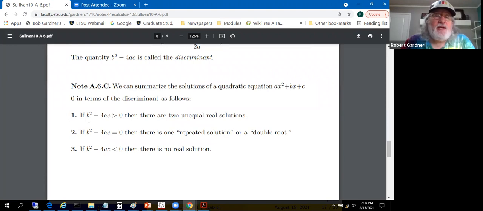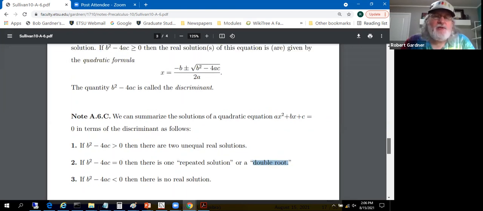This thing about the discriminant, I really just discussed all of this. If b squared minus 4ac is greater than 0, then this equation will have two real solutions given by the quadratic formula. If the discriminant is 0, we get one solution, but it's repeated. It's a double root. This has got to be the book's verbiage; I wouldn't say it quite like that.